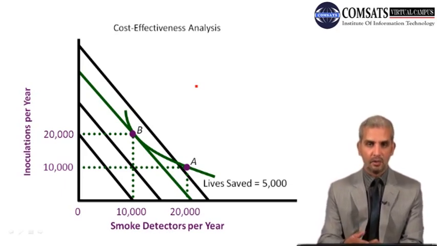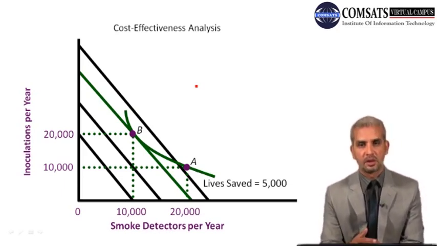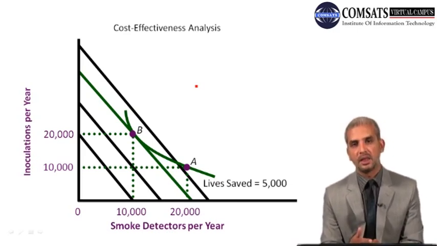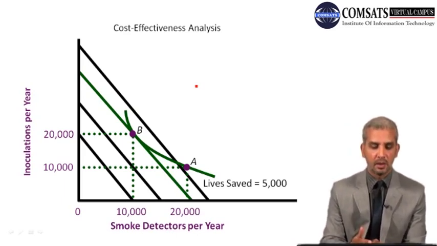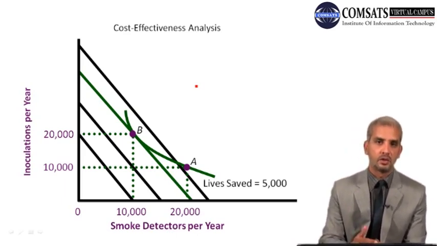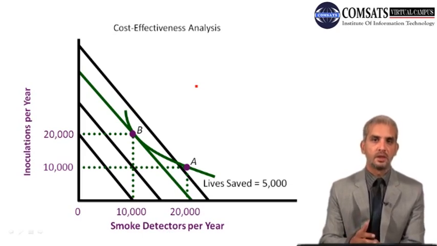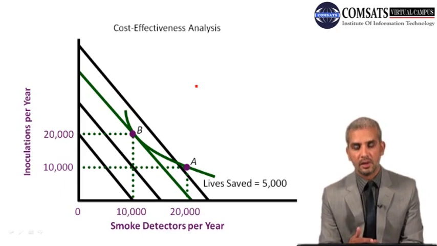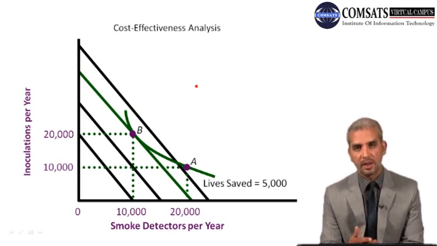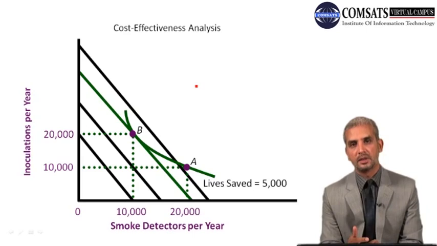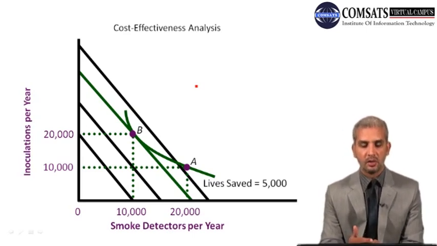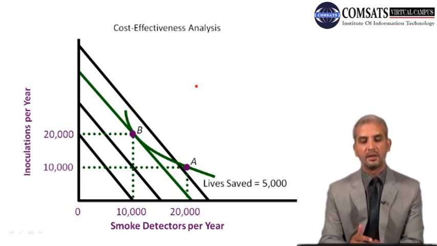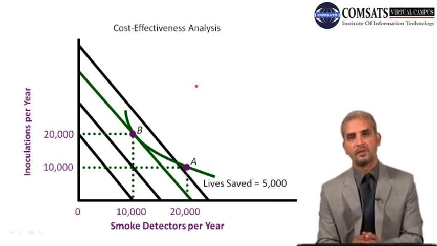As I said, moving out of the origin, the outer iso-cost represents higher cost. So point A is intersected by an iso-cost line which is more expensive than point B, because B is at a lower iso-cost line. Lower iso-cost lines represent a lesser level of cost than outer iso-cost lines. So the ideal point is basically where the iso-count is tangent to an iso-cost.